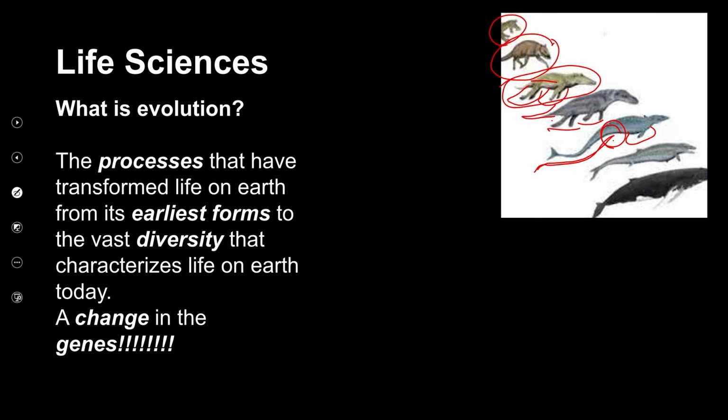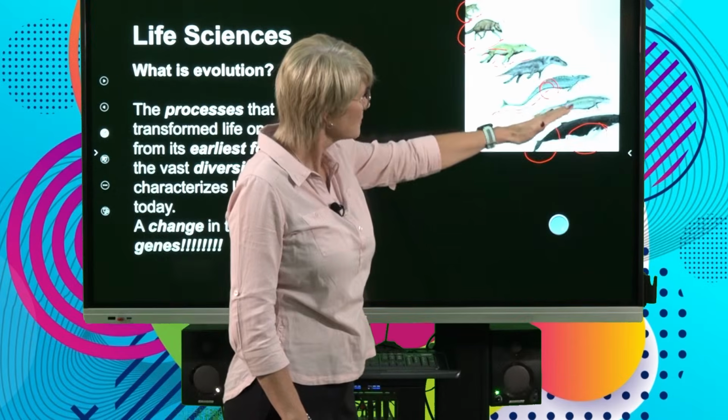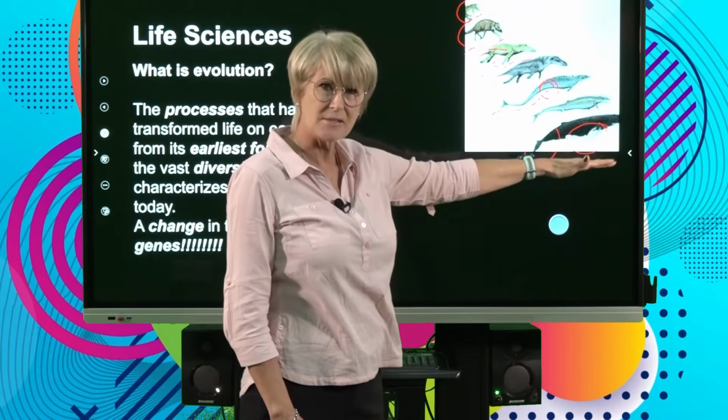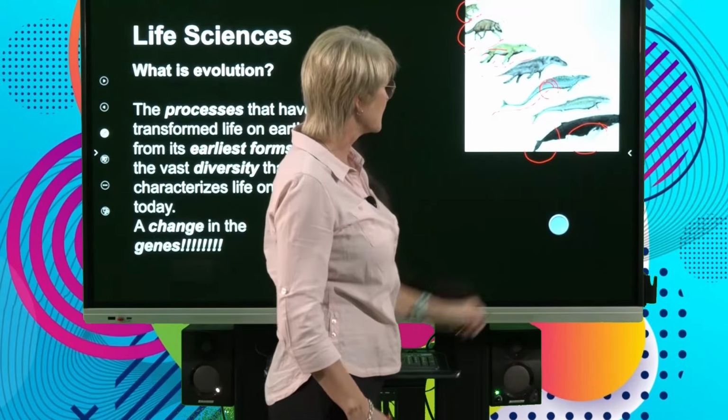Then when we look at the next one, we can see that the body has become more elongated and the tail is becoming a little bit stronger, so that it's a little bit closer to what we know. And in the last diagram over here, this is the whale as we know it today. This doesn't take place in a couple of years, it takes place over a very long period of time, but we do have evidence of this evolution, and we can see really nicely how it does take place.